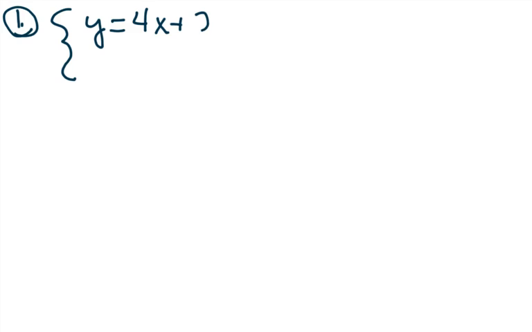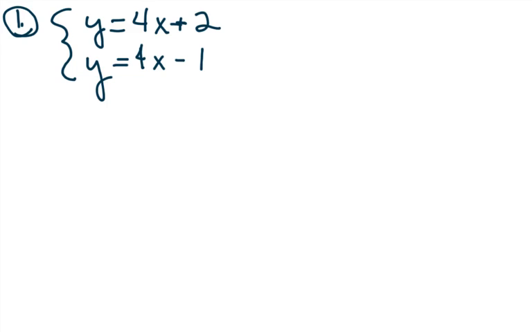So, for the first example, we are going to start with the system y equals 4x plus 2 and y equals 4x minus 1.